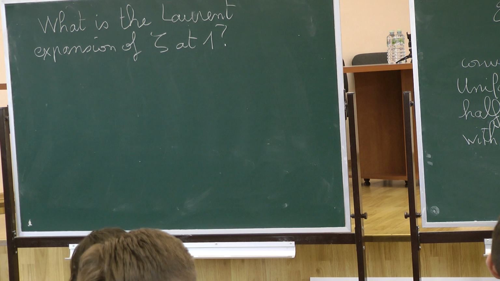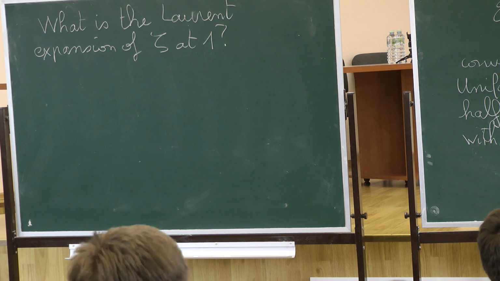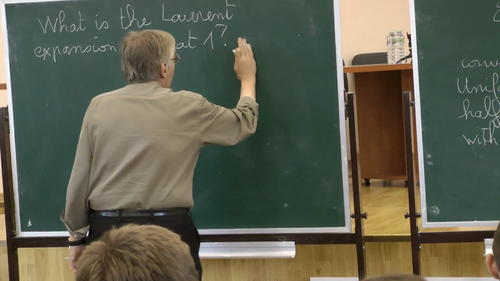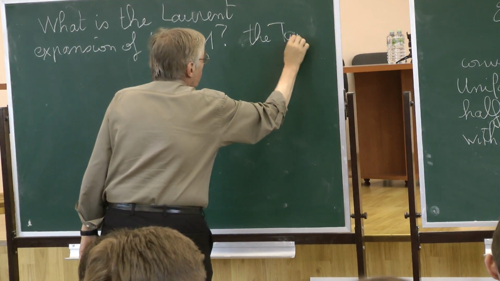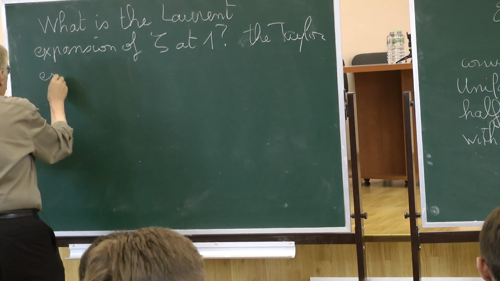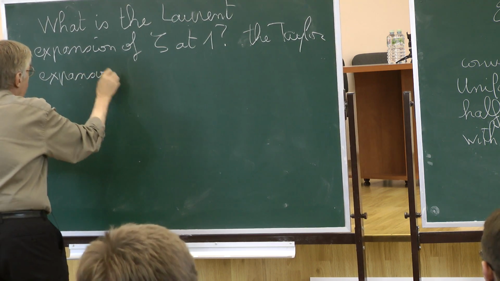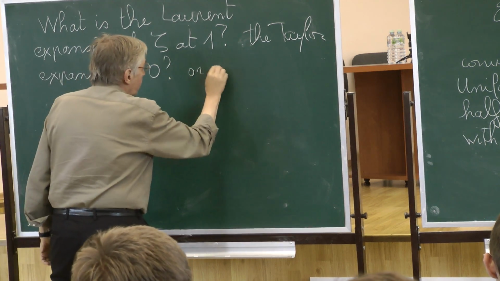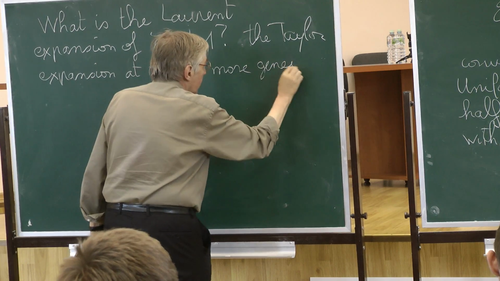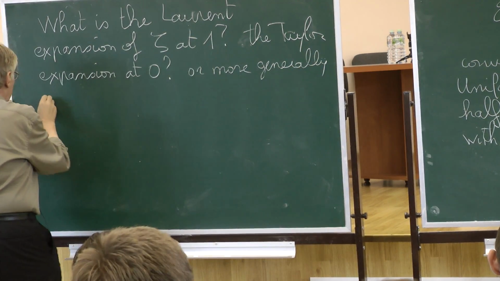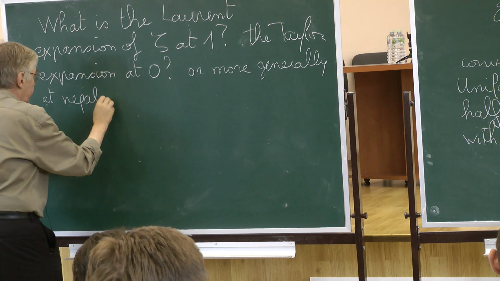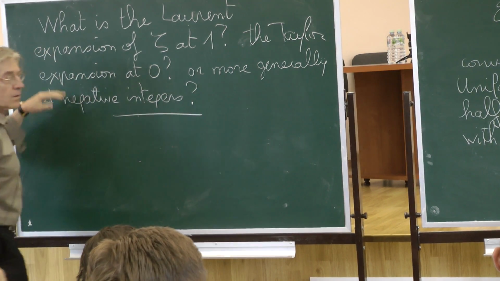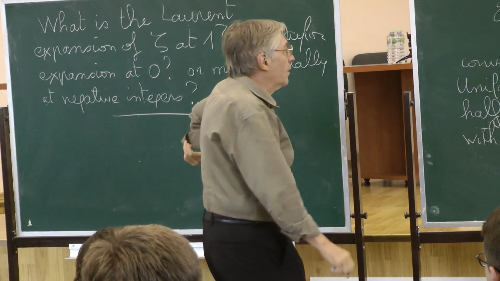Yes, that is exactly what I was thinking, and the Taylor expansion, because at 0 we know that the function is holomorphic, or more generally at negative integers. So this is a question I would like to address.